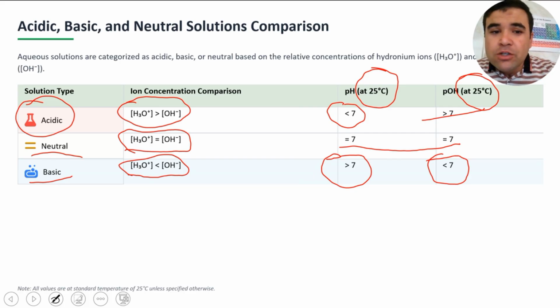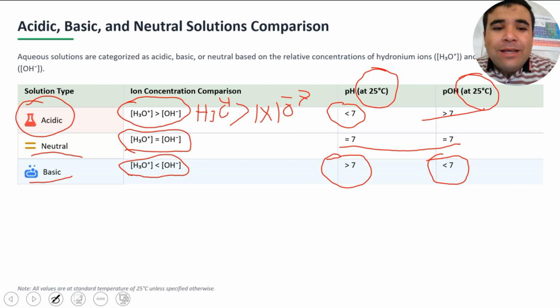At 25 Celsius, we can determine the quantities of hydronium and hydroxide for each of the following, but these values are only true at 25 Celsius, guys. For the acidic solution, the hydronium concentration is more than 10 to the power minus 7, and the hydroxide is less than 10 to the power minus 7.